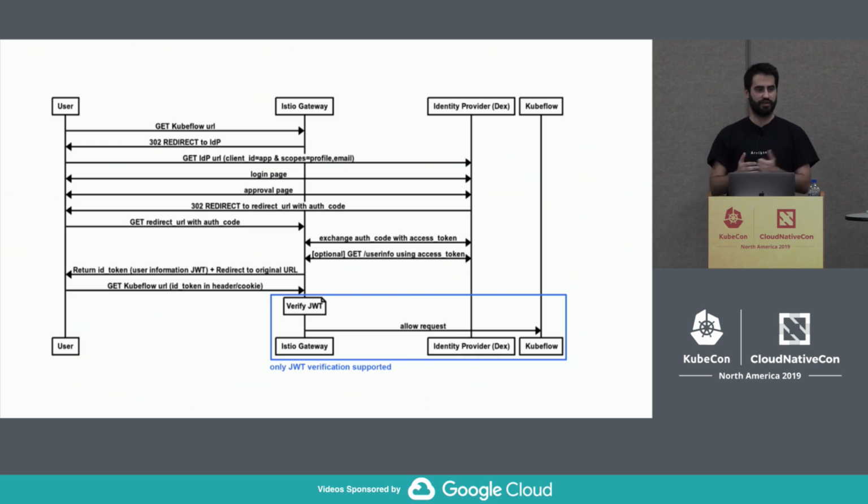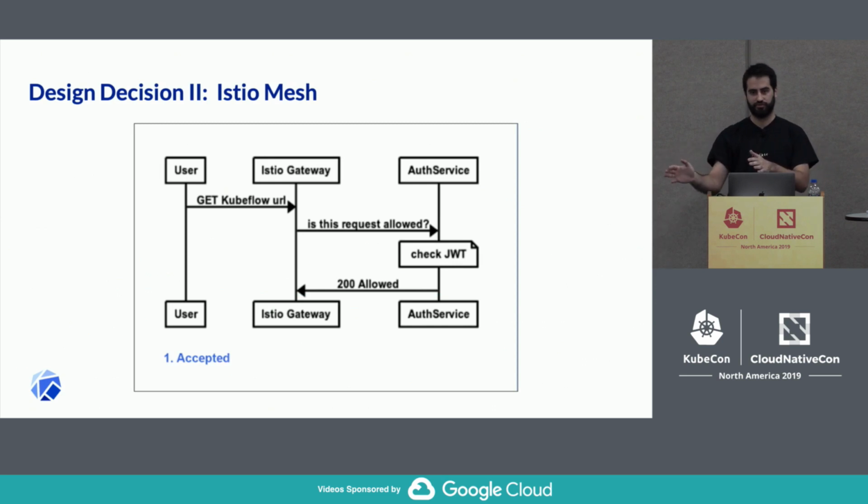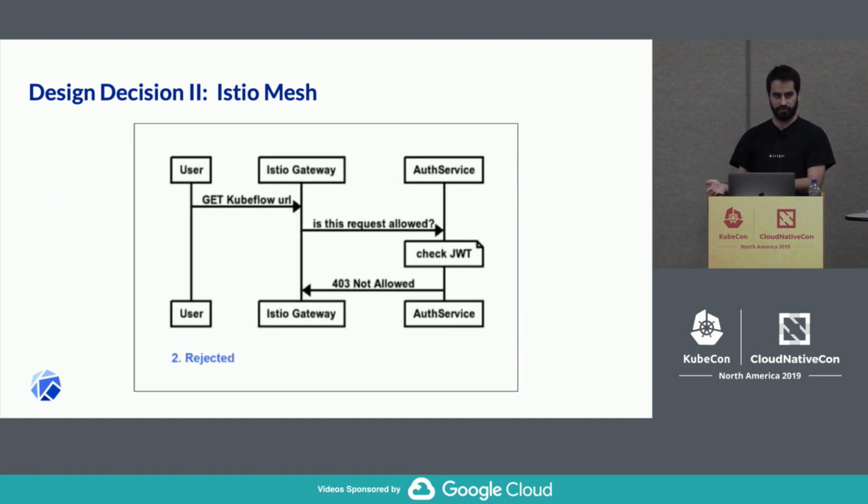And we use that to enable the external authorization filter of the Envoy proxy, which adds the following basic but very powerful behavior. So when a request hits the Istio gateway, the gateway will ask another small service called the Auth service, is this request allowed? The Auth service can answer yes with 200. It's an HTTP code. The Auth service can answer no with 403.